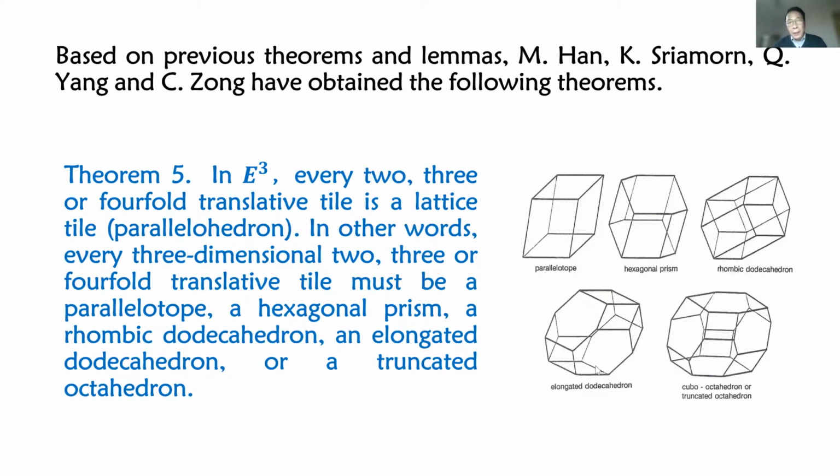So even if we consider not only lattice tilings but translative tilings for 2, 3, or 4-fold, they are forced back to these 5 possibilities.